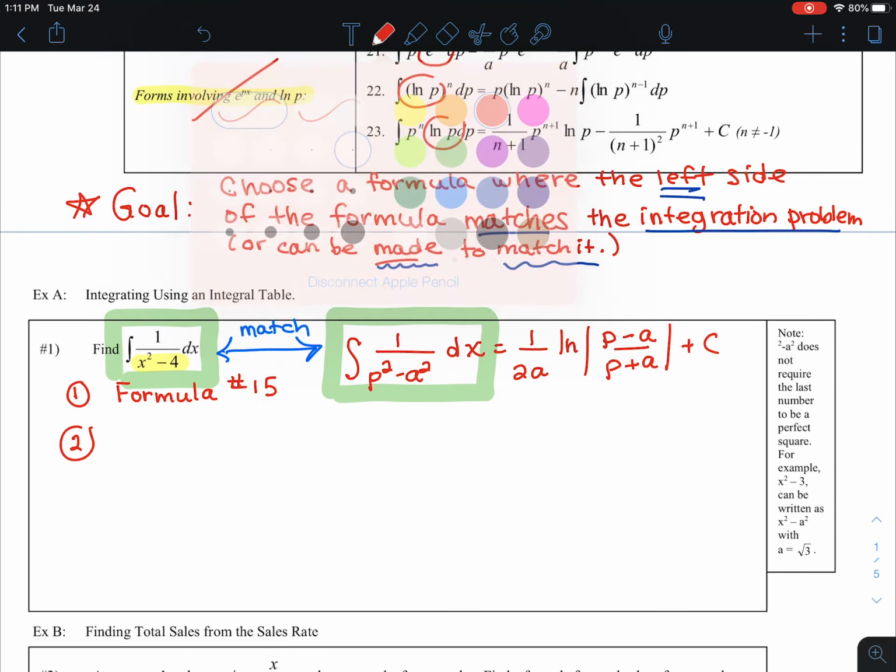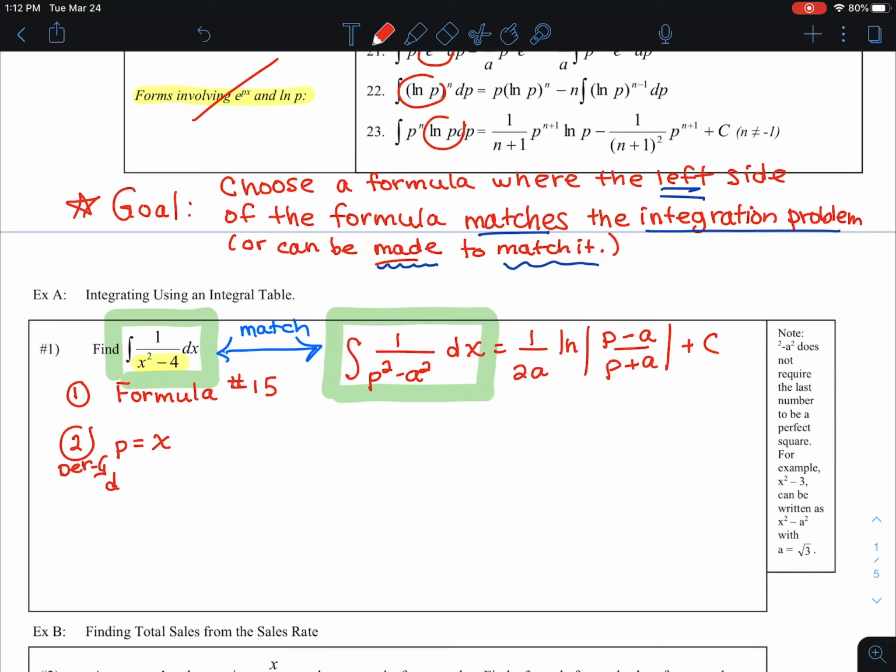So here are my options. For sure, I need to replace the p with an x, if I want the left side of my formula to match the original problem. Anytime you swap out a variable for another variable, you need to take the derivative of p, which would be dp over dx, and the derivative of x would be 1.